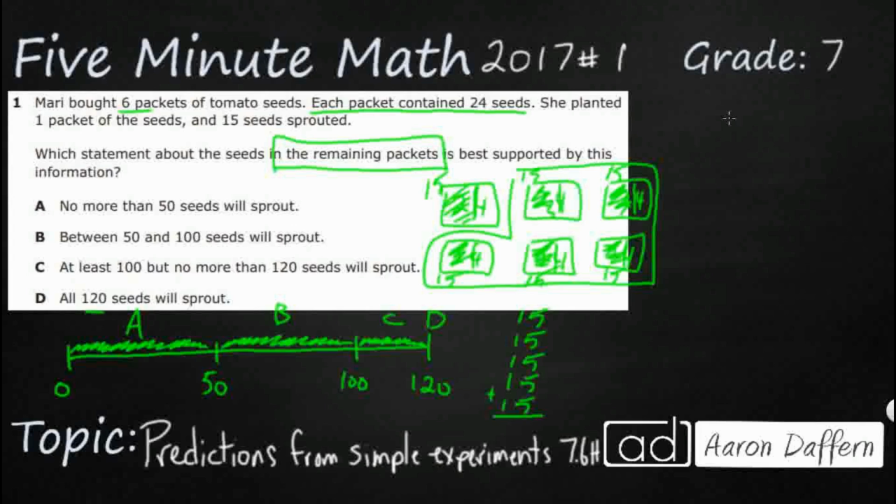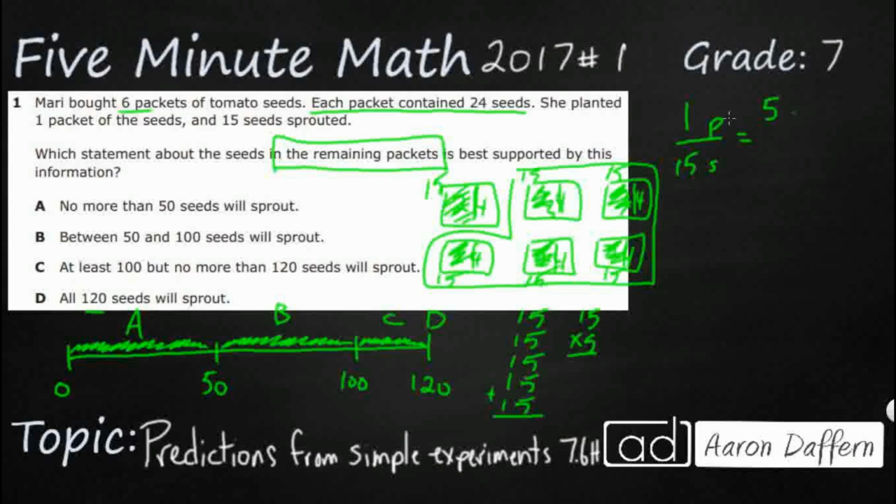Some of you might be thinking that's way too hard. Let's just multiply 5 sets of 15. That would also work. We could also make a proportion here. So let's look. I've got 1 packet, and I've got 15 sprouts. S will be sprouts. So I've got how many remaining packets?